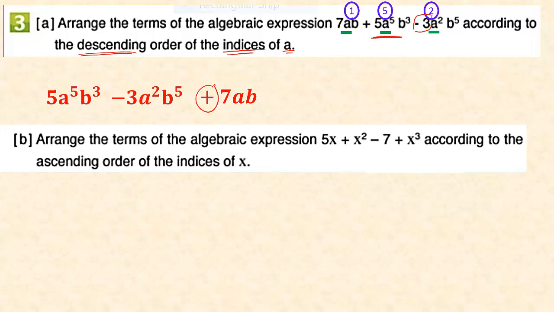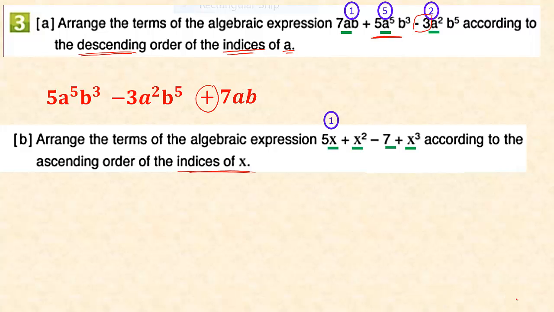Arrange the terms of the algebraic expression 5x plus x squared minus 7 plus x cubed according to the ascending order of the indices of x. So first, let's go and underline x in each term. The first term 5x, the indices of x is 1.